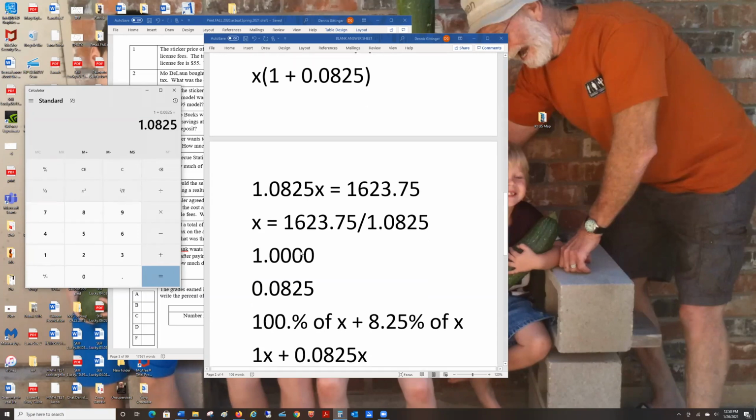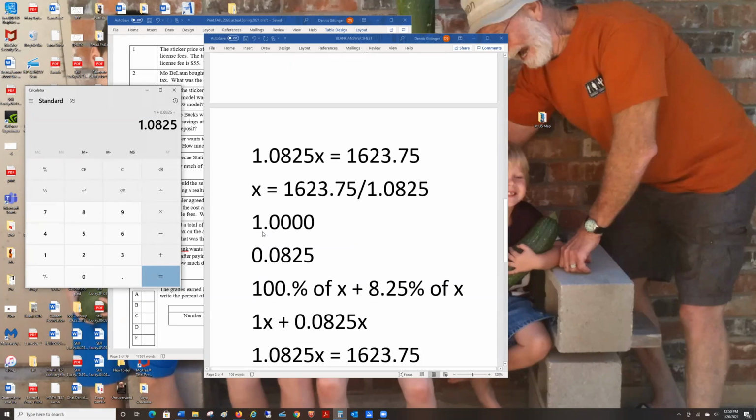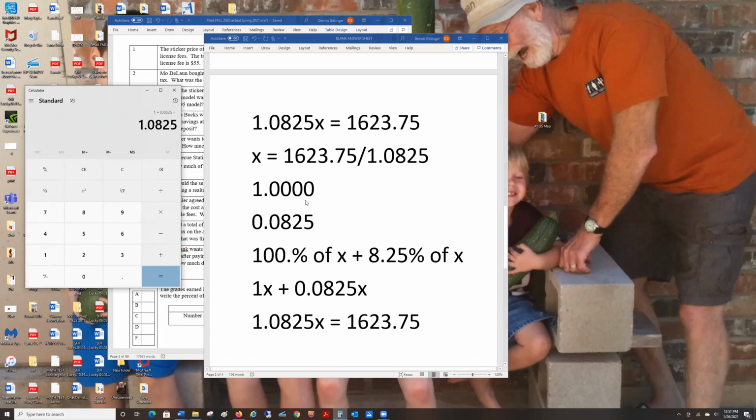And if you wanted to see it done by hand, 1 plus 0.0825. See, you have to line the points up when you add and subtract. It's just 1.0825. Now, this 1 is 100%. So another way of saying this is 100% of X plus 8.25% of X is the same thing as 1X plus 0.0825X.